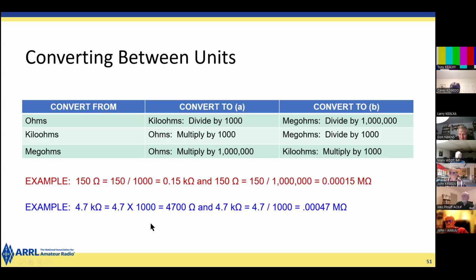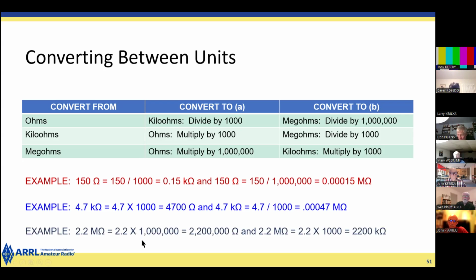In other words, ohms or thousands of ohms or millions of ohms. And that's to make the designation of values easy to read. So you can see here, 2.2 megohms is 2.2 million ohms, or 2,200 kiloohms when you do the conversion in between.